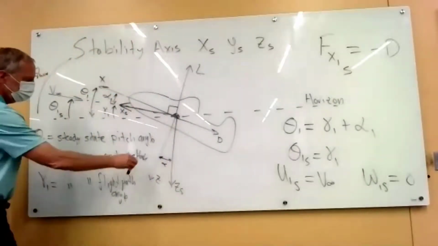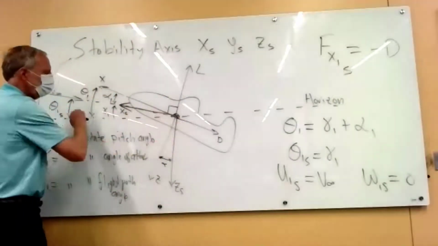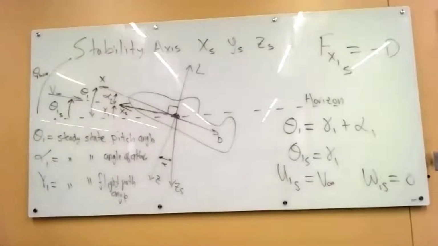W is the vertical speed in the z direction, and everything's perpendicular to that. So this also makes things somewhat easier, in that one of the velocity components is zero. Now, it is possible to have a side velocity in this, although typically we'll start out with this picture here.